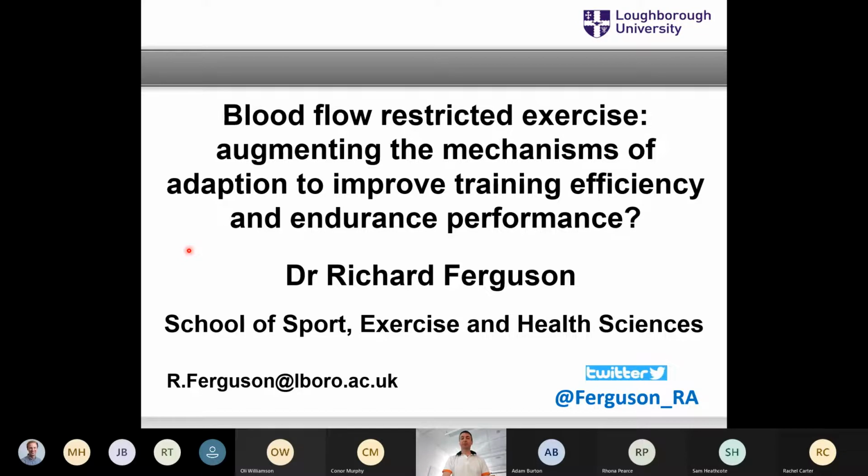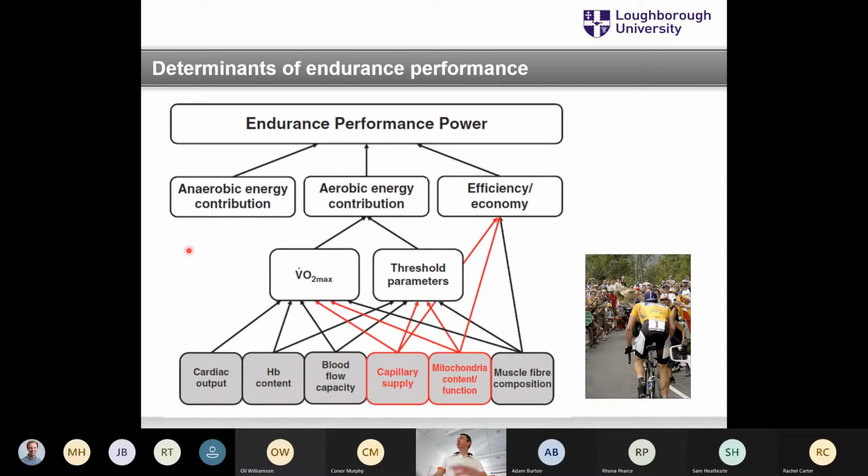So in terms of using blood flow restricted exercise, before we start that, I just want to give you a very, very brief overview of the main determinants of endurance performance. And this is very much plagiarized from the classic Joyner and Coyle model from 2008.